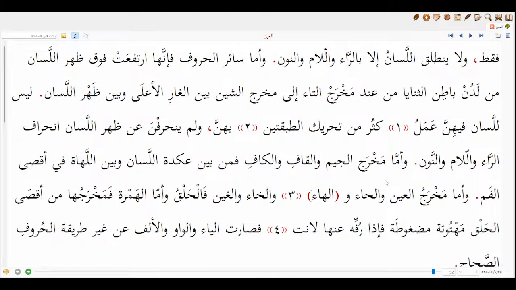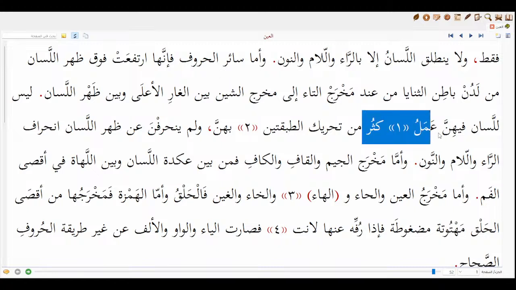So it's almost like he's saying that the rest of the letters, and specifically he's talking about the letters which are pronounced from between the place of da, which is the back of the front top two teeth, up until the middle of the tongue where the sheen is pronounced from. And he's saying ليس للسان فيهن عمل. So over here I'm kind of ignoring the i'rab that's written here.